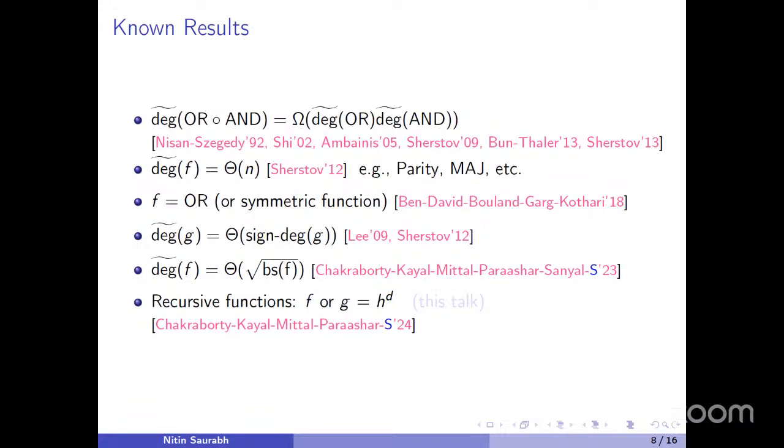Recently it was shown for when f is the OR function or a symmetric function, and the approximate degree of g, the inner function, is equal to the signed degree of g, some notion of approximation, then also the approximate degree composes. And recently we had extended it to when the approximate degree of the outer function is equal to square root of the block sensitivity. And in this talk, I will talk about when one of the two functions is a recursive function. So this is all we know about approximate degree composition.